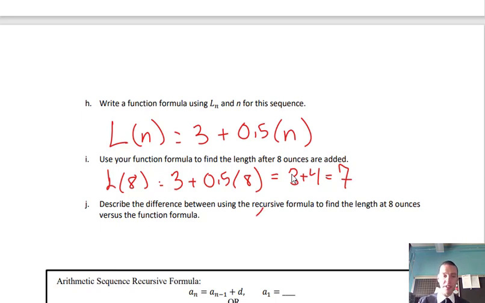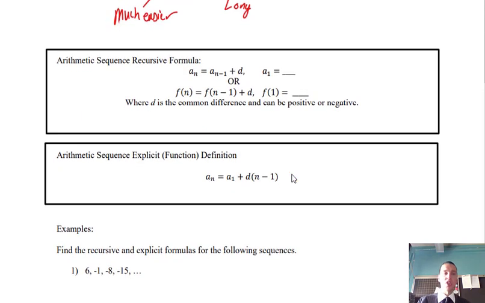So describe the difference. Recursive is long. Function formula, much easier. So notice that our starting value before was a sub 0. Now we're going to look at the starting value as a sub 1. This is important. Next equals now plus the common difference, starting at 1, or starting value. Here, this is our explicit.